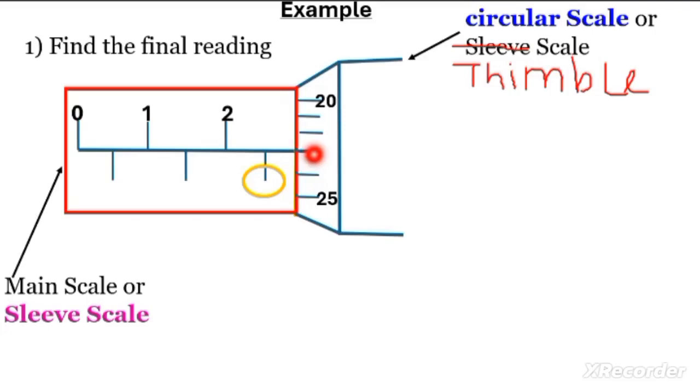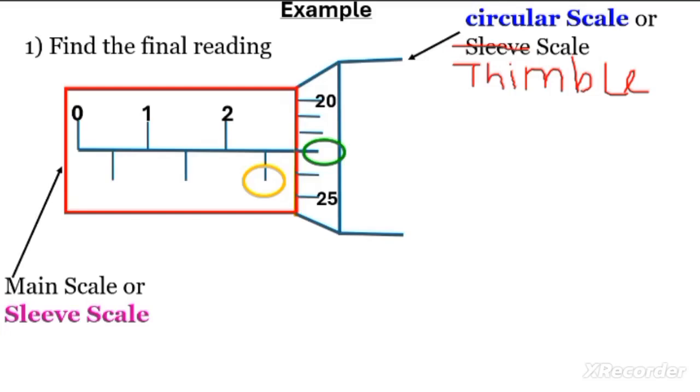The mark aligned with the line coming from the main scale is this one. As we can see, this is 20, 21, 22, 23, 24, 25. So this is 23. So the mark on the circular scale is 23.